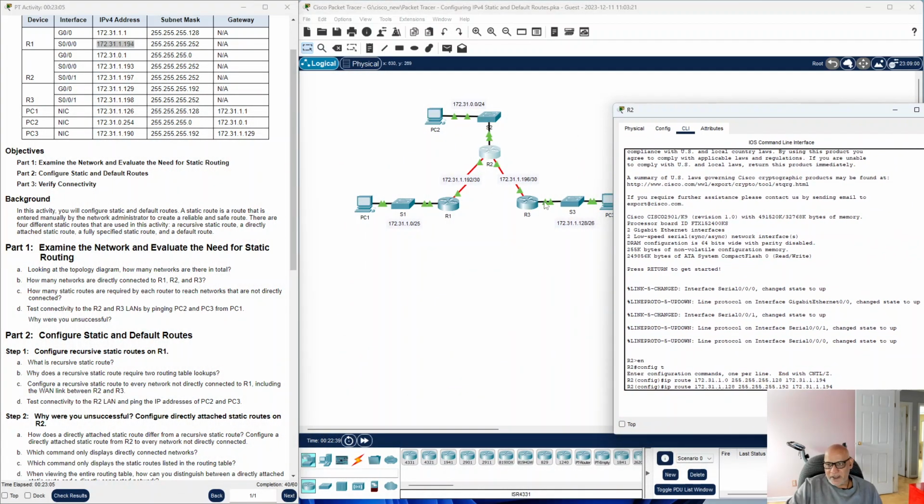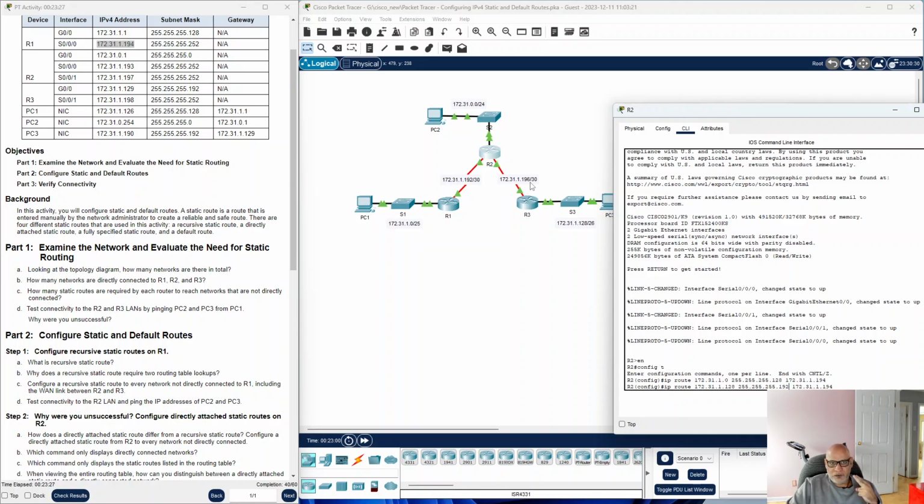The next hop IP address is the serial interface of R3. So let's look at it. This is 196, a 30-bit subnet mask, which means only two usable host IDs.